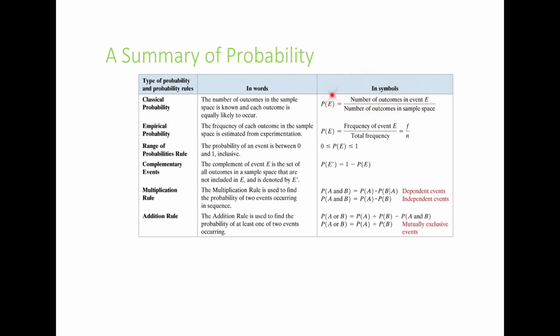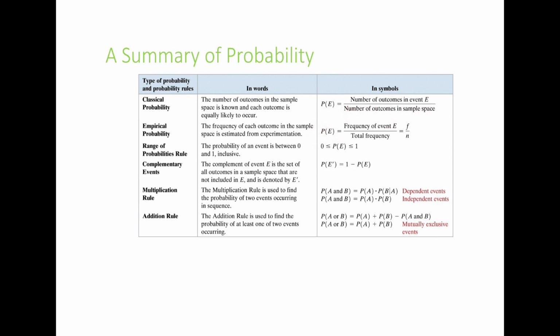Whatever E is defined as, and then we divide that by the number of outcomes that were possible in our sample space. Remember, the sample space consists of successes and failures. In other words, the event outcomes and the event outcomes that are the complements of the events, right? So it's like the event didn't occur. This is the sum of all the successes and failures in my sample space.